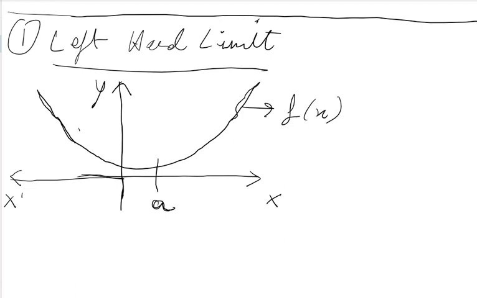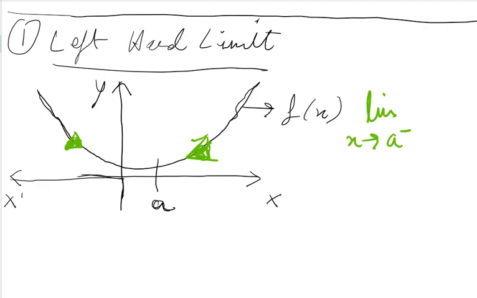Can you see that the graph is approaching A from the left hand side as well as from the right hand side? Both ways it's approaching A. So the left hand limit is written in this form. Limit x tends to A negative means approaching from the negative side.